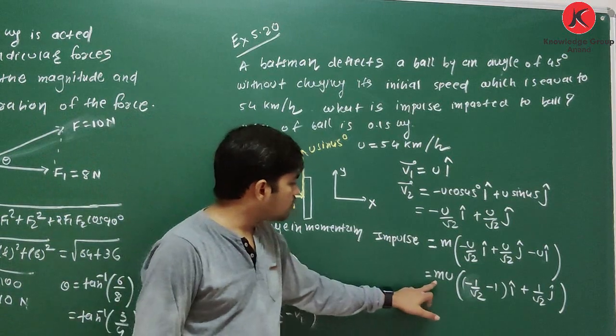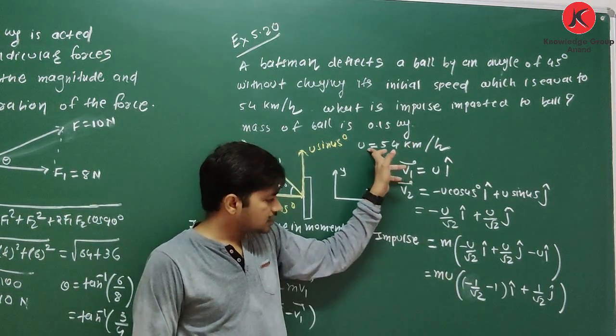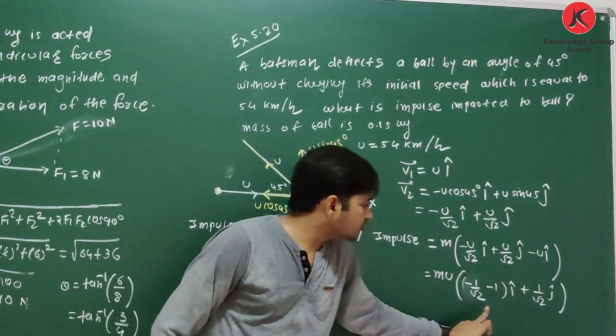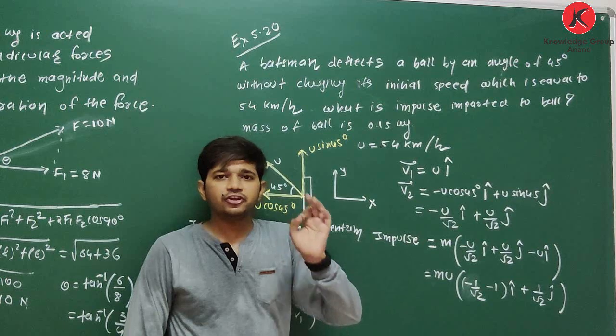Put the value of m as 0.15, put the value of u by converting it, and find the magnitude of this. You will get your answer.